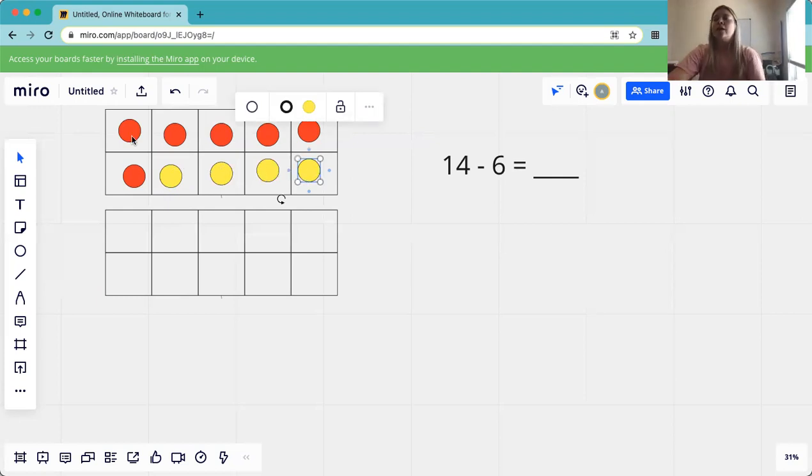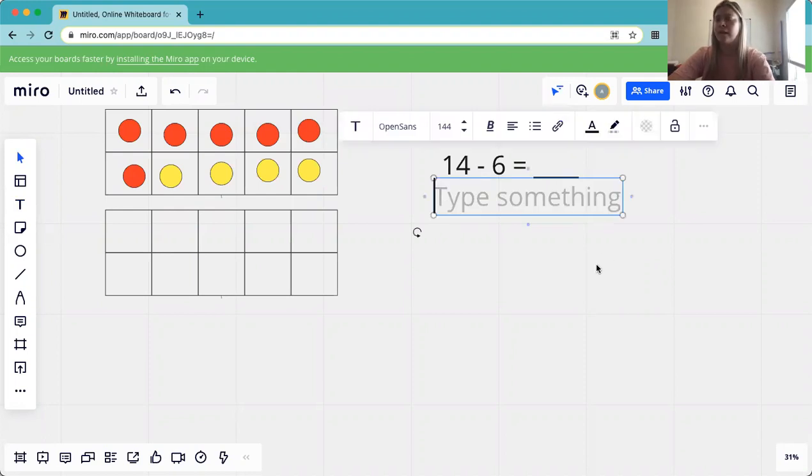All right, so I know that I have 6 red counters and 4 yellow, and all together that makes my 10. So figuring this out, I know that I have my 6 red, and how many am I adding to get my 10? 1, 2, 3, 4. I'm adding 4 yellow counters to get my 10 right here.